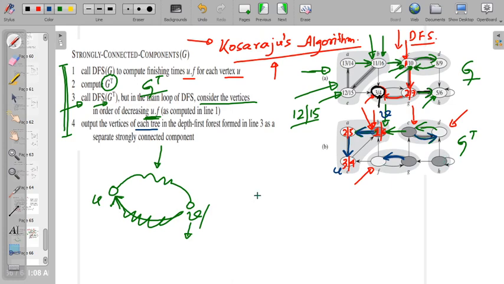So the philosophy is we have to compute G transpose, and run DFS on G transpose, and at that time it will be ensuring that if I am having a U to V path, and if I am having a V to U path also, then it will be correctly finding.